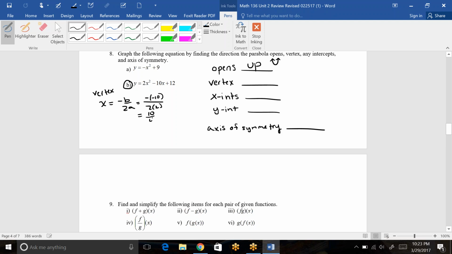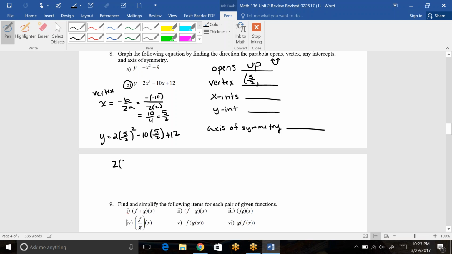So that's positive 10 over 4, which reduces down to 5/2. So the vertex starts off with 5/2 as its x. Then we plug that back in to find our y value. Now this one's not pretty because it's a fraction, but we square the top and bottom.